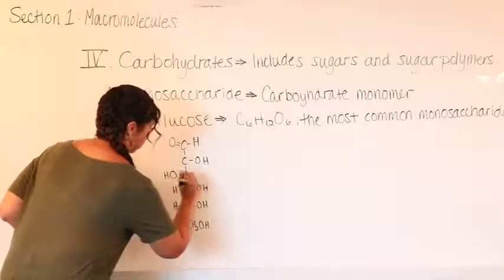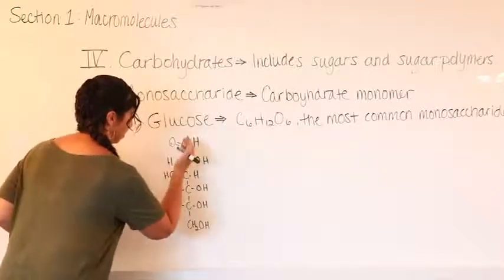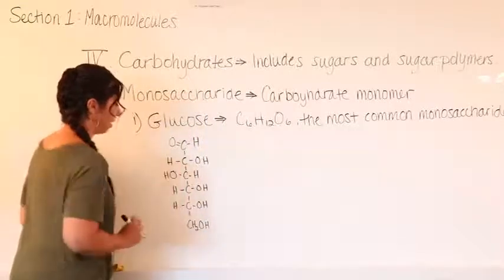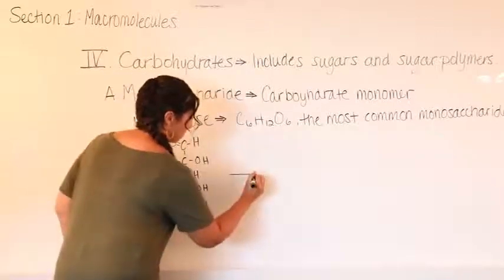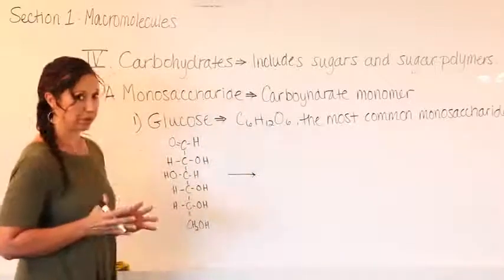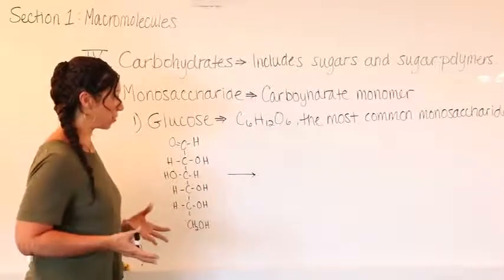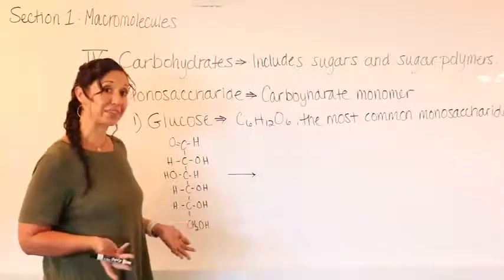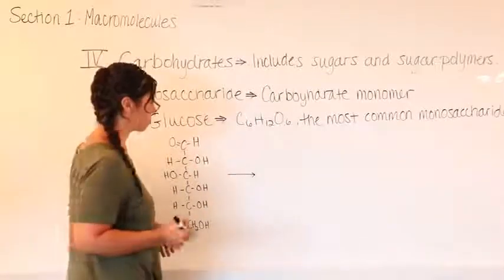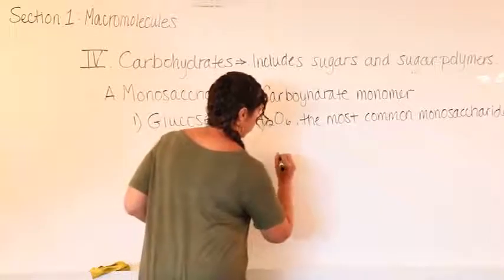This is what glucose looks like in its 6-carbon chain. And as I said, glucose likes to be within a ring when it makes all these polymers. So this is the structure I want you to get used to seeing, because this is the functional form of glucose in our carbohydrate world.